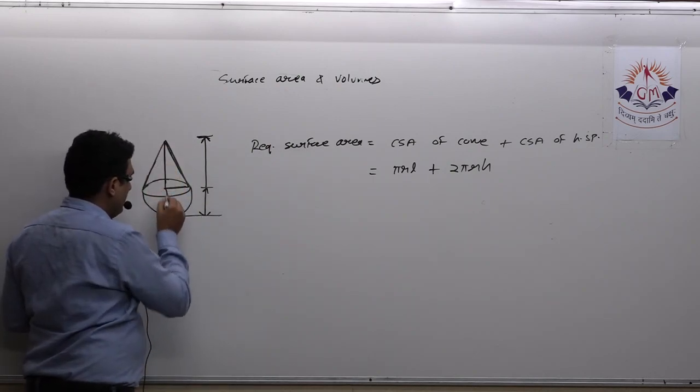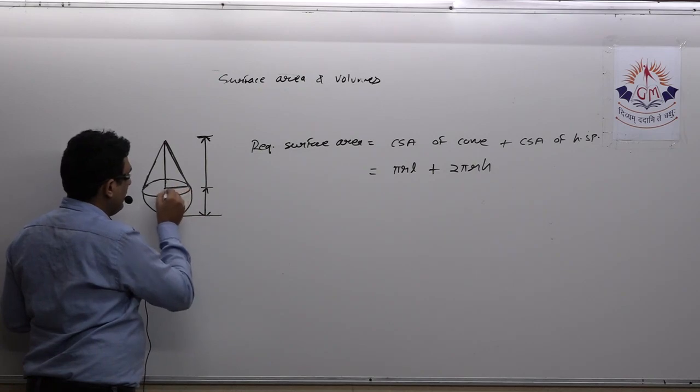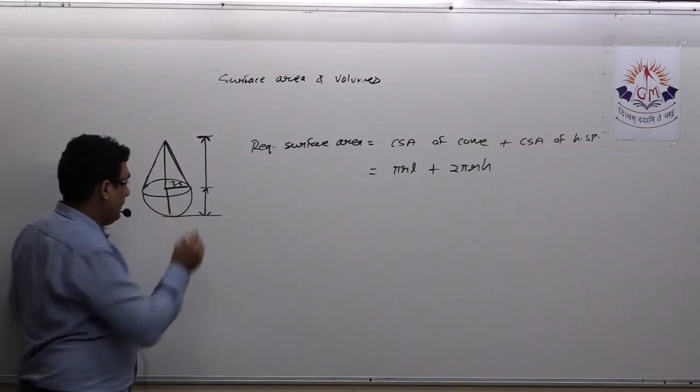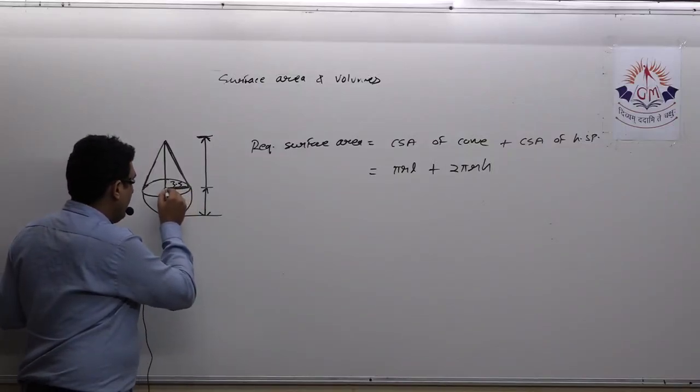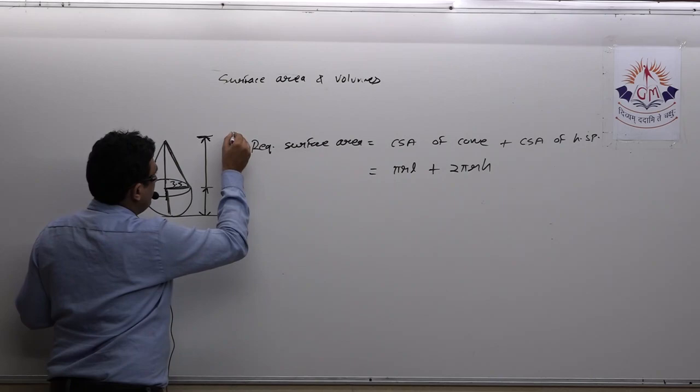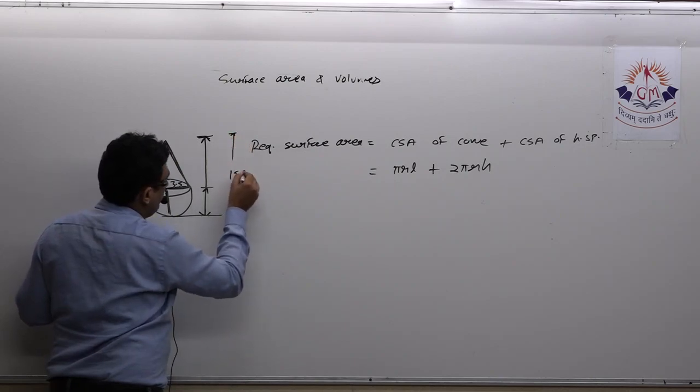Whatever the radius of the cone is, that is the radius of the hemisphere as well. So this is 3.5, this is also 3.5, this is also radius. This total is 15.5.